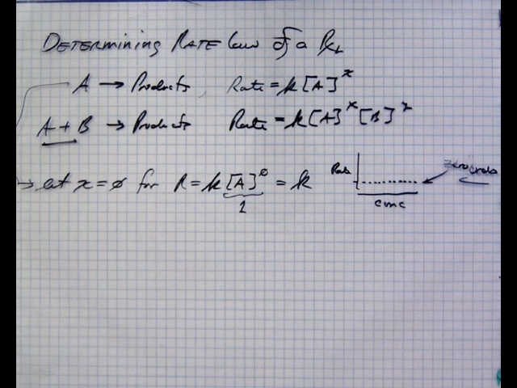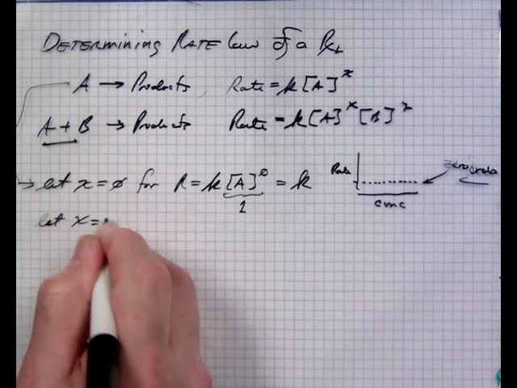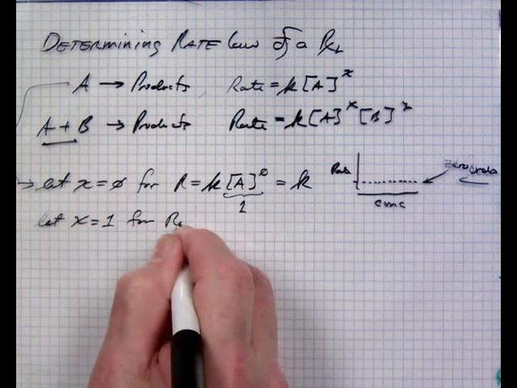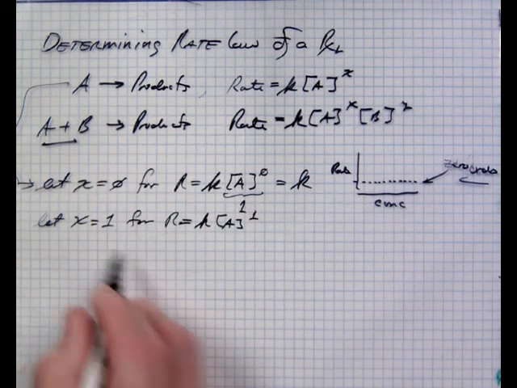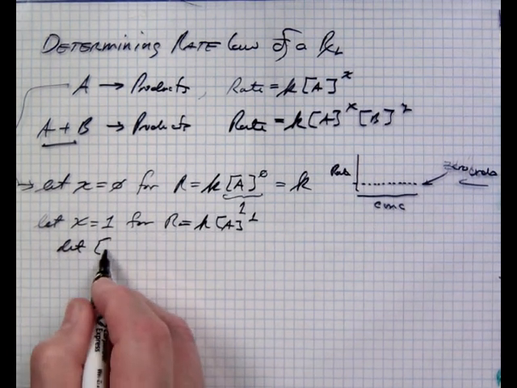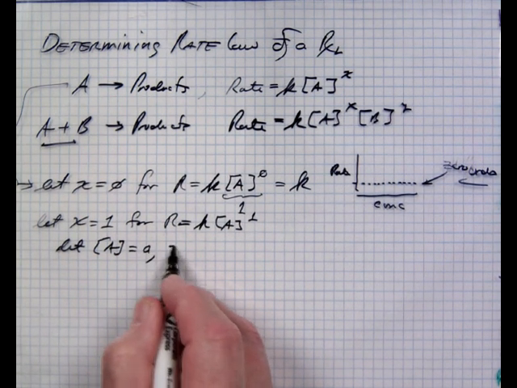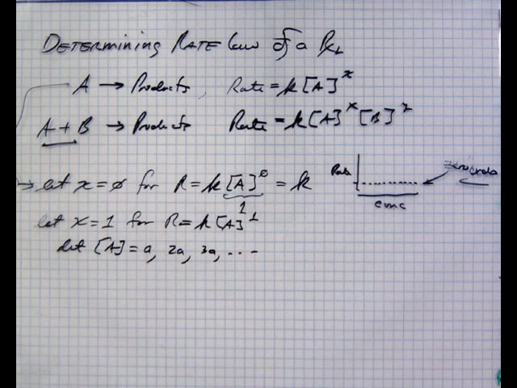Now, what you want to do is let x equal 1 and play with the trend change. So let's let x equal 1 for the same reaction, to the first power. So what would the rate be? Let's let our concentration A be A, 2A, 3A, and so forth. The first A concentration is what I call the reference, because you're comparing everything else to that.